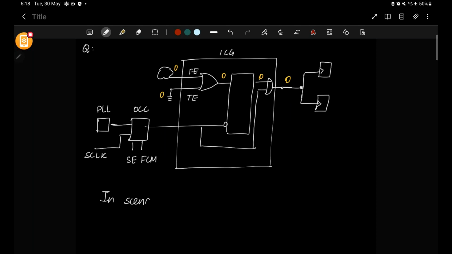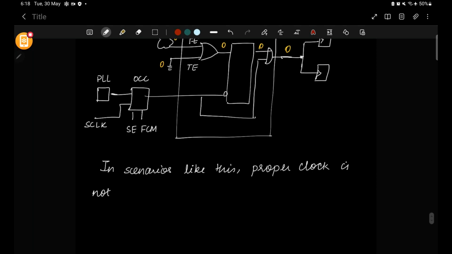In scenarios like this, proper clock is not getting propagated to the flops.